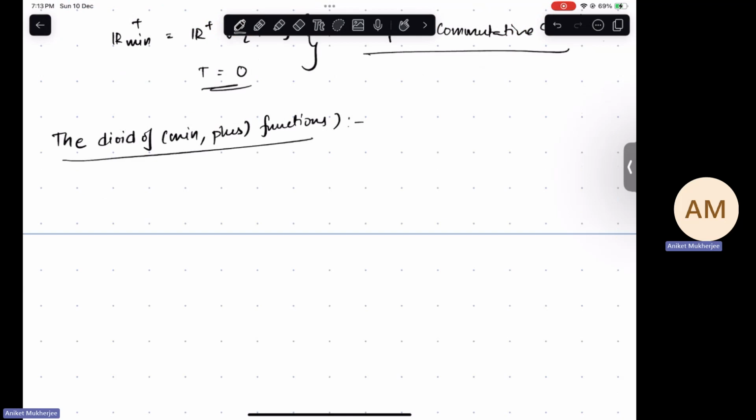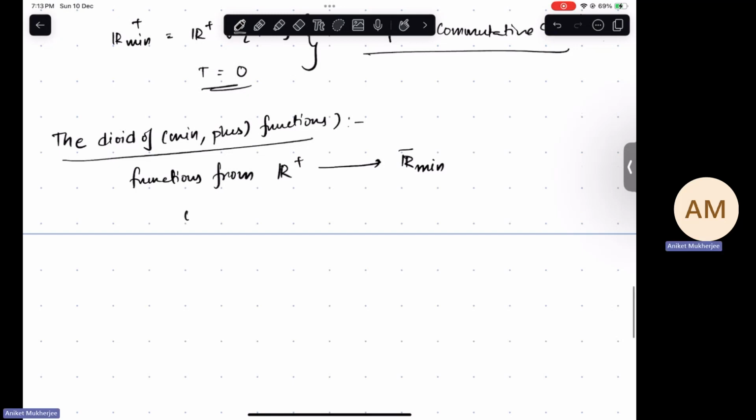So any functions from R plus to R min, these functions define the dioid of functions, right?